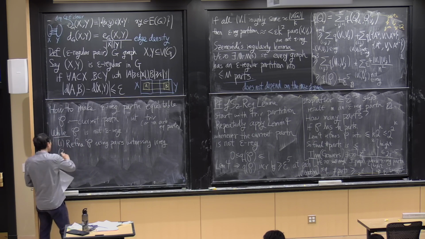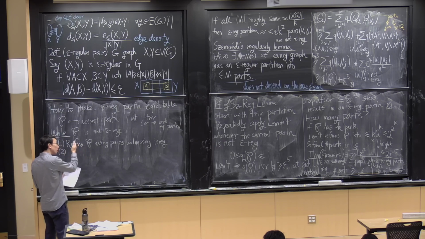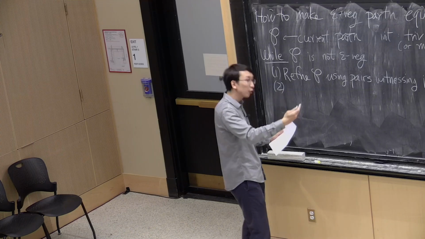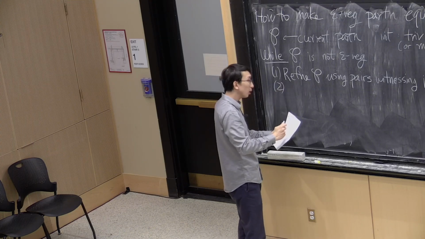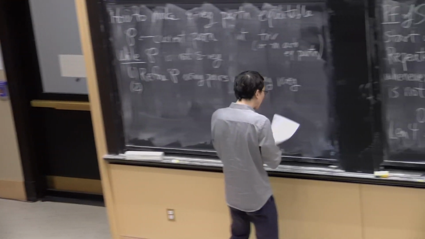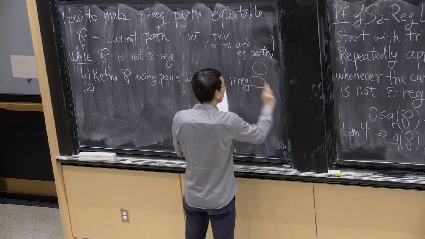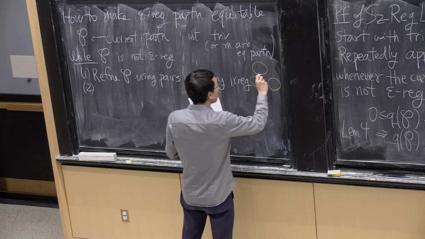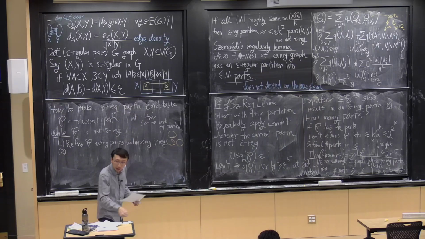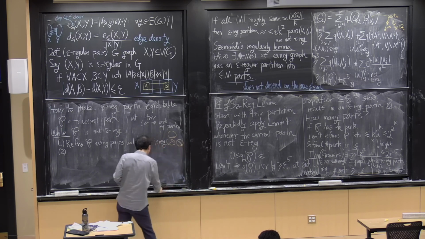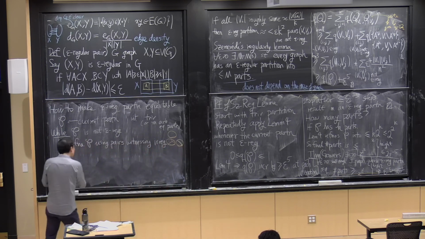And what we will do is, right after each step in the iteration, right after we do this refinement, right, so after we cut up our graph, where maybe some of the parts are really tiny, let's massage the partition somewhat to make them equitable.